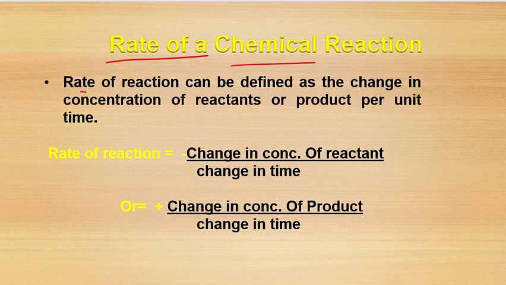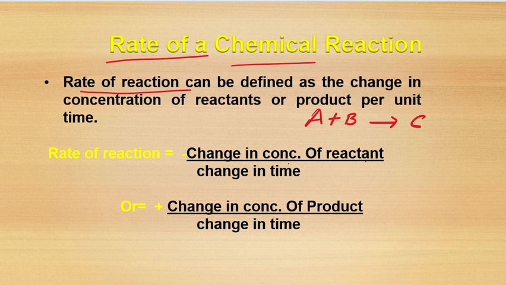Here also, the rate of a chemical reaction is determined by the change in concentration of the reactants or products with respect to time. Say for example, you have a reaction A plus B giving C. Here A and B are the reactants and C is the product.